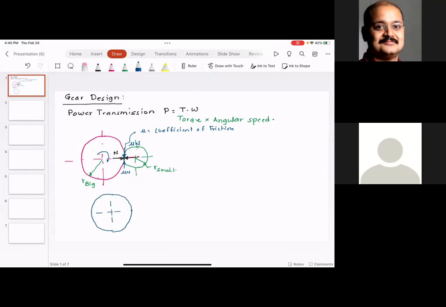that at the interface, I have a normal reaction, and then I have a coefficient of friction.